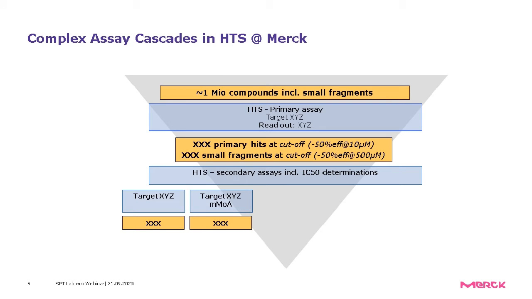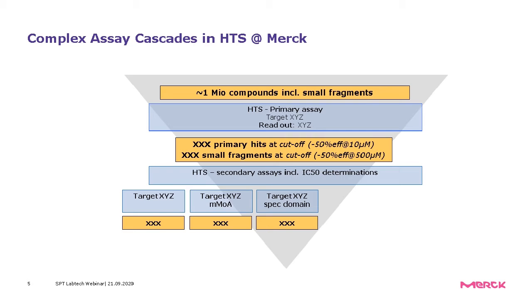Usually we are very interested super early on in what the mode of action of a certain compound is. This is why we include very early on in our screening campaigns some kind of mode of action studies. It could be a competition assay or a jump dilution assay.